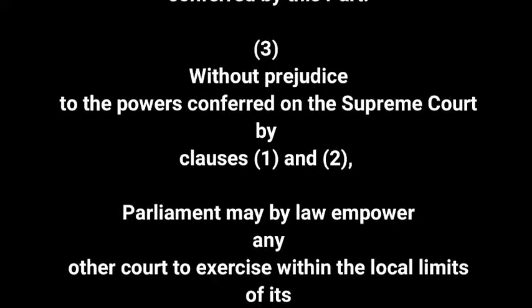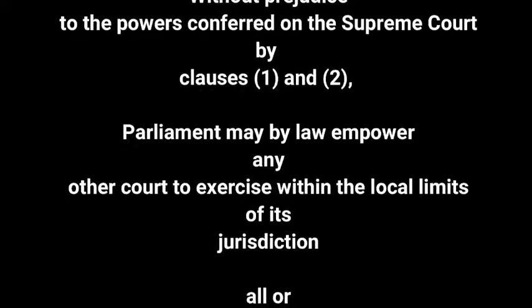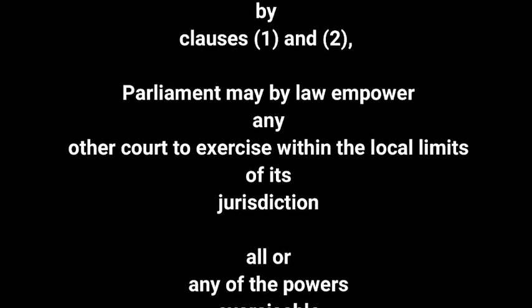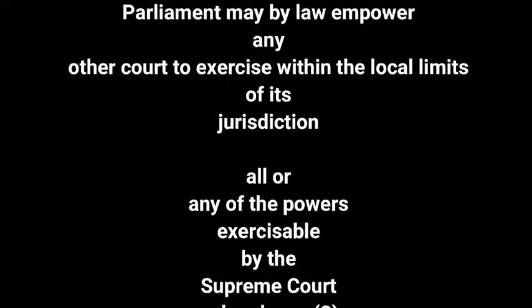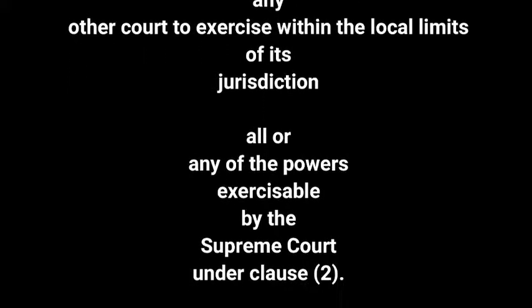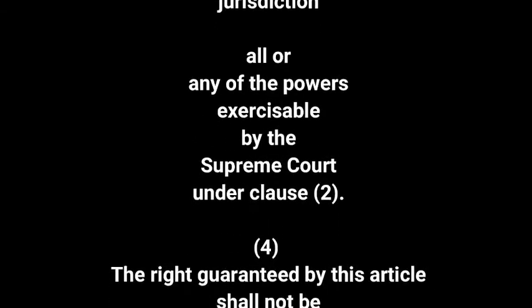Without prejudice to the powers conferred on the Supreme Court by clauses 1 and 2, Parliament may by law empower any other court to exercise, within the local limits of its jurisdiction, all or any of the powers exercisable by the Supreme Court under clause 2. 4. The right guaranteed by this article shall not be suspended except as otherwise provided for by this Constitution.